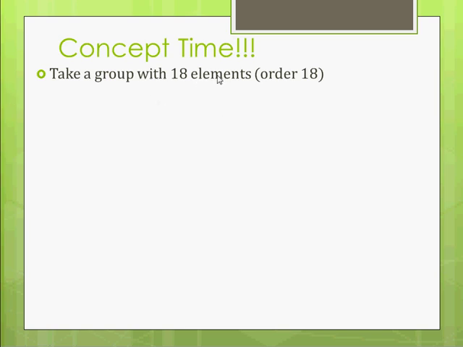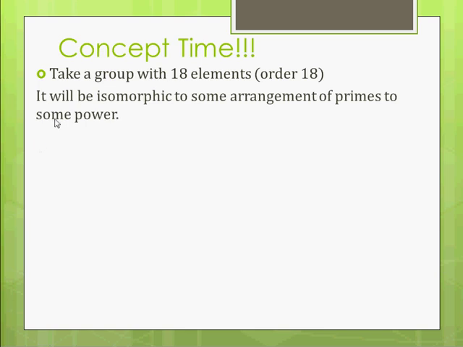So take a group with 18 elements, and I made a mistake here. It's supposed to be an abelian finitely generated group. A finitely generated abelian group, not just a group. But it will be isomorphic to an arrangement of primes of some power, just like we did before.